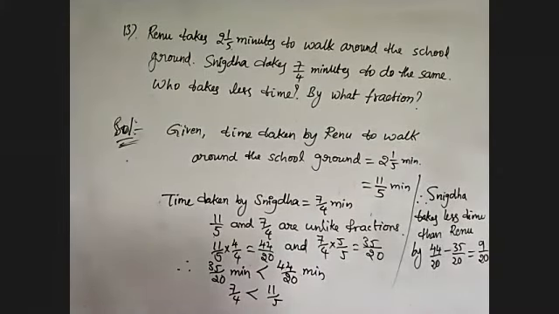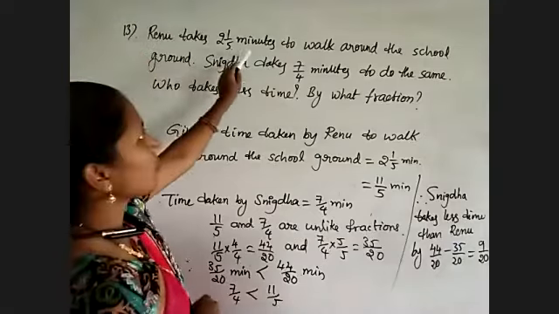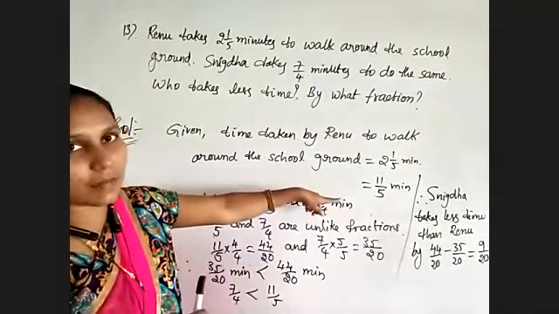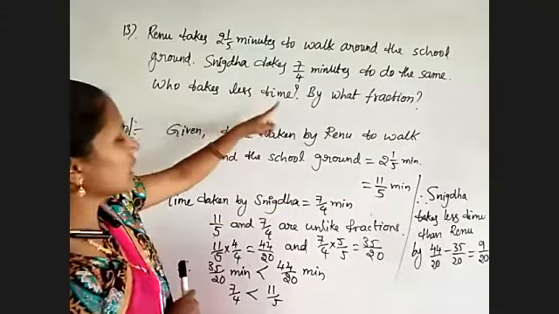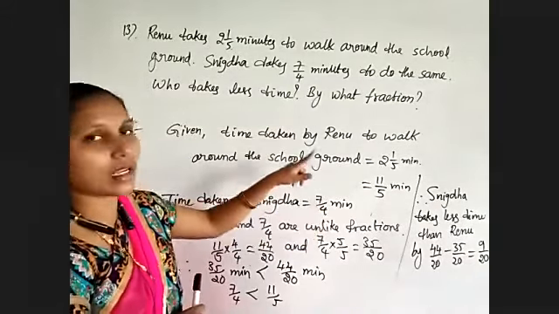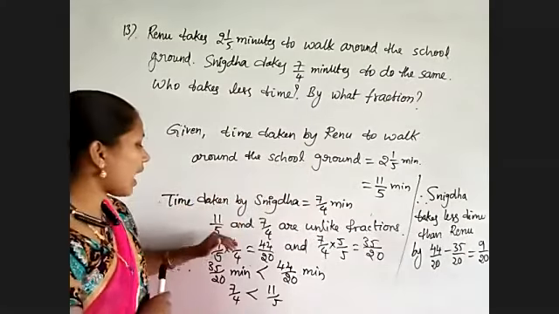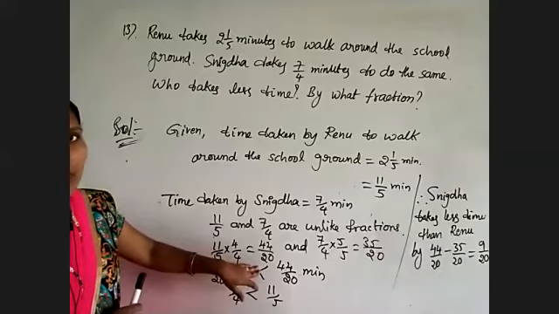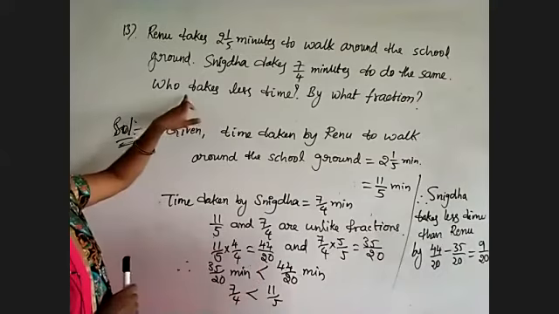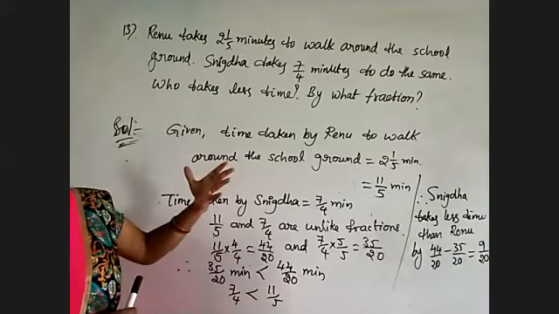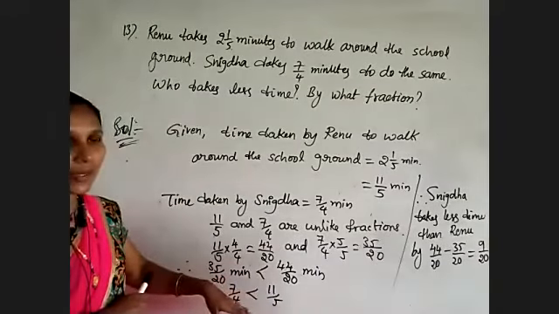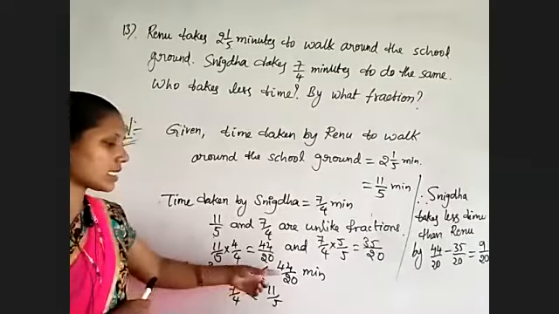So once again observe this problem. Renu takes 1 2/5 minutes to walk around the school ground. 1 2/5 is nothing but 11/5 minutes. And Snigdha takes 7/4 minutes to walk the same ground. Both are unlike fractions. That's why first we are converting into like fractions. Why? Because they are asking who takes less time, comparison. So convert them into like fractions. Then only we are able to compare them. And 35 is lesser than 44.